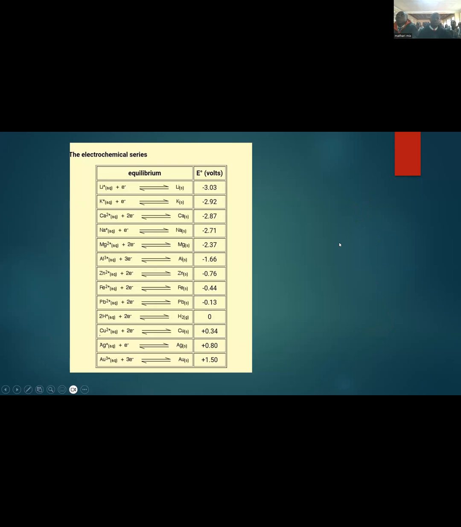They are written like this. Just take a moment to look at this. You will see that there are a number of equations on the left-hand side. All of the reactions are written as gaining electrons. In other words, they are all reductions, okay?